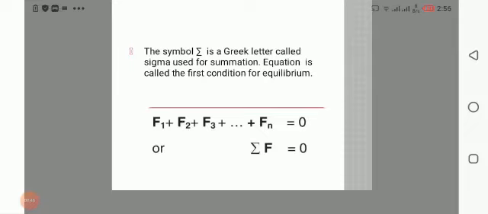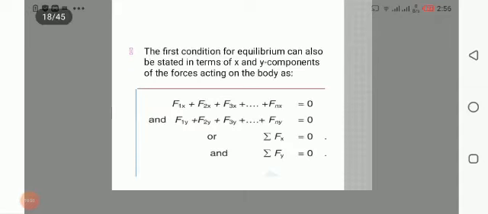So if a body has many forces applied, F1, F2, F3 up to Fn, the sum is equal to 0, or sigma F is equal to 0. The first condition for equilibrium can also be stated in terms of x and y components of the forces acting on the body: F1x plus F2x plus F3x up to Fnx is equal to 0.